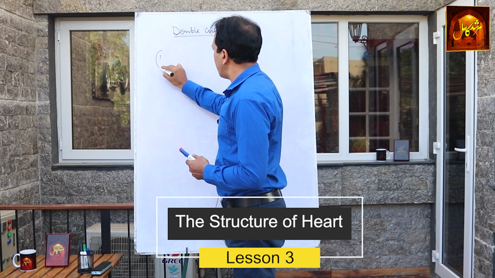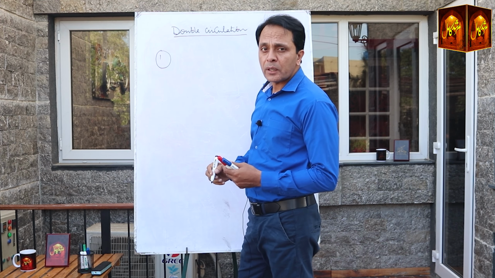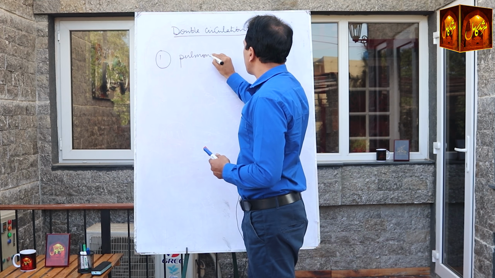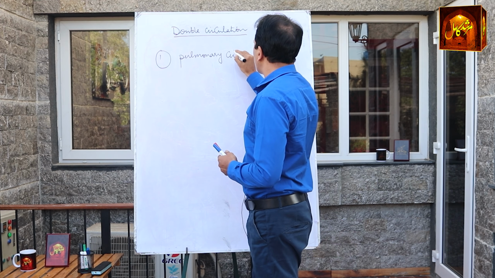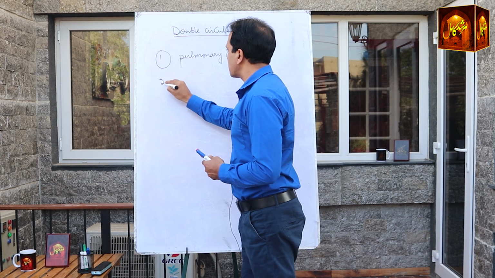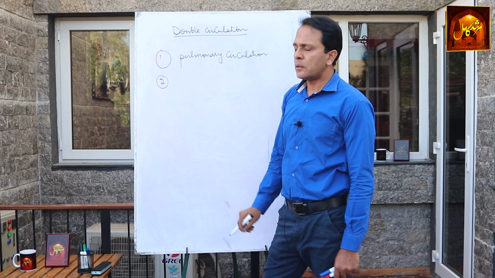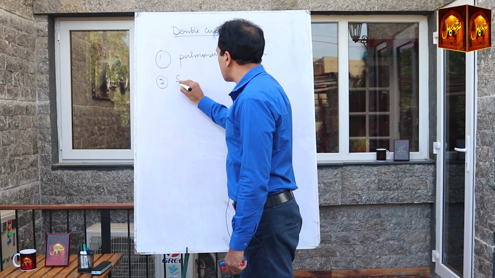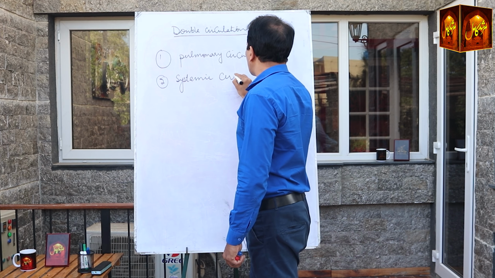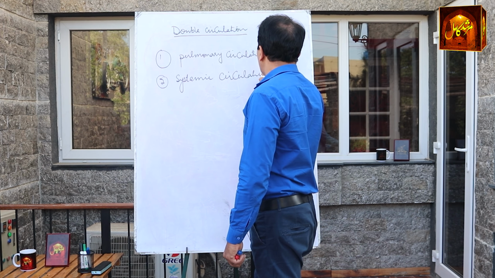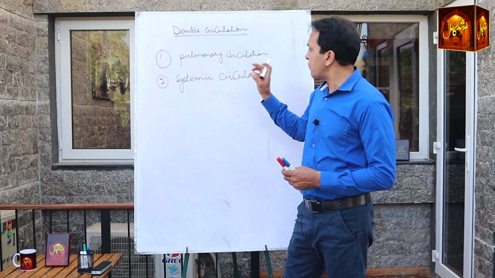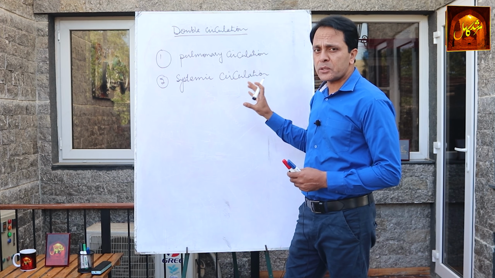Number one, the pulmonary circulation, and second one is systemic circulation. So let's see what is the difference between these two types of circulations, the pulmonary circulation and systemic circulation.